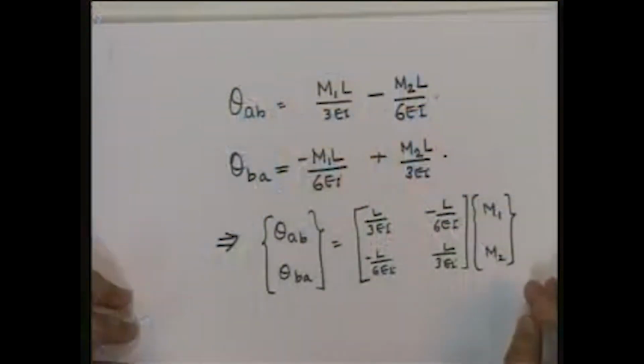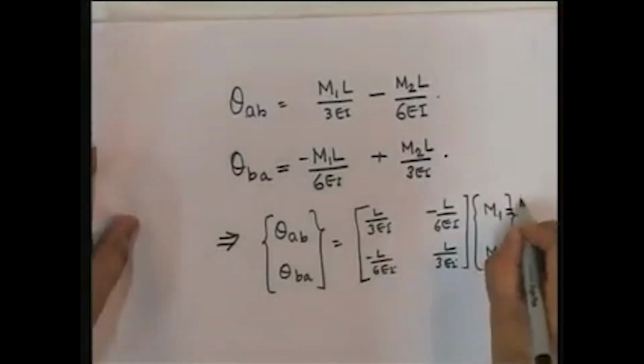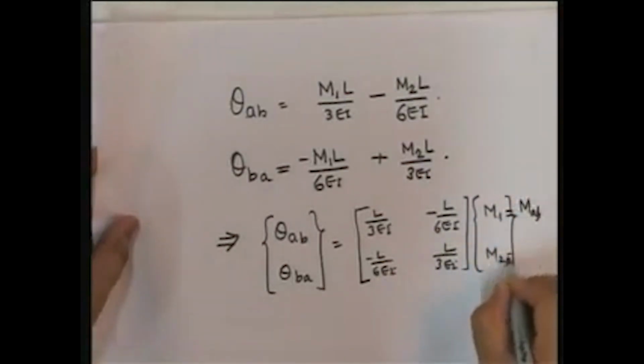It's going to be same as M2. Okay, this is fact, because you can actually go through it and do it yourself. In other words, I can also replace M1 and M2 by MAB and MBA. Okay, and that's what I'm going to do. I'm going to say that M1 is equal to MAB and M2 is equal to MBA.